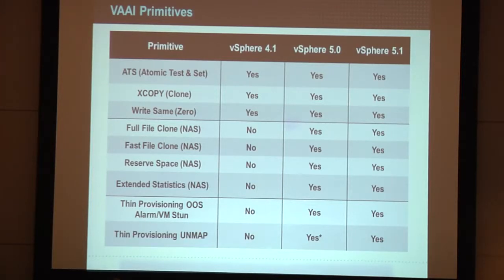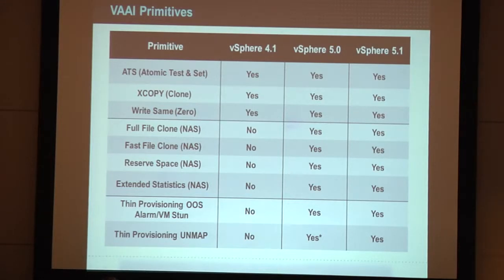So VAAI. I really like VAAI. It works great. Apart from the fact that just over a quarter of supported storage vendors or storage editions support VAAI. You can actually check this on the HCL. There's a new thing where you can search whether storage has got VAAI or not.